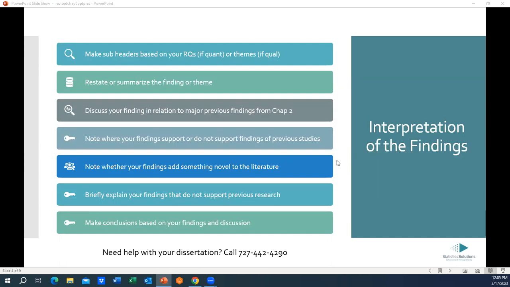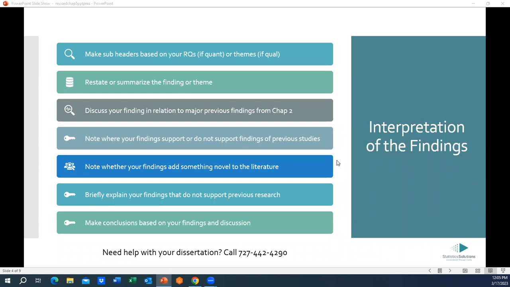They're not really sure what they're supposed to provide here. And I've seen people make the mistake of just copying and pasting material from their results, because they're not sure. Don't do that. That's not what they're looking for. They're not looking for a rehash of the results.